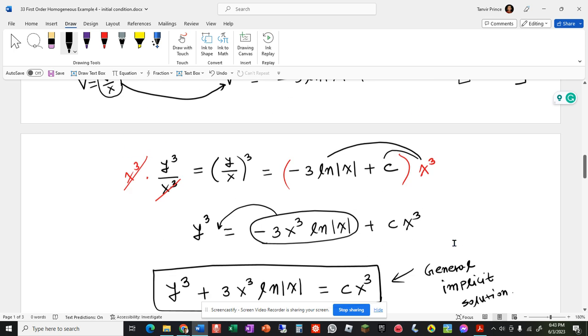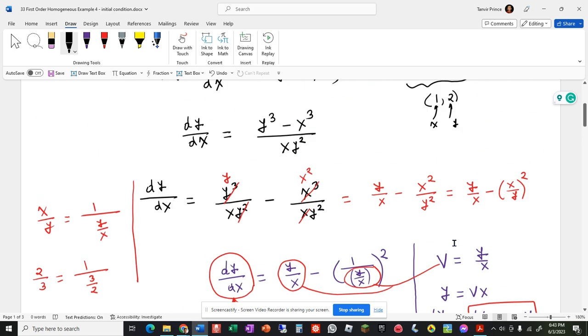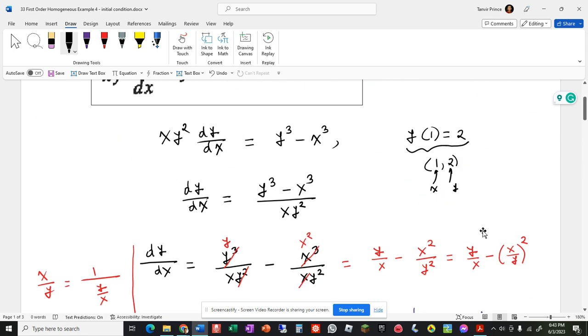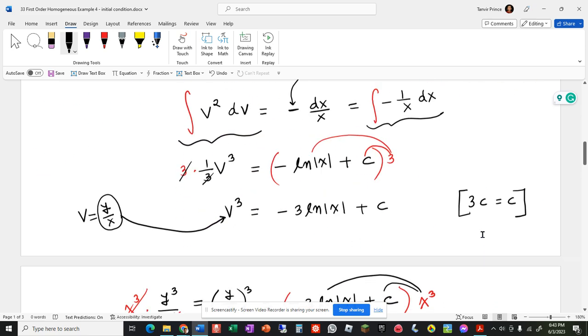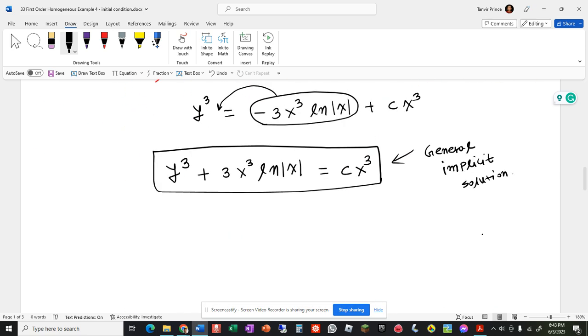Let's use the initial condition. So my initial condition is y of 1 equal to 2. So let's do that. y of 1 equal to 2. So I have to substitute x equal to 1 and y equal to 2. Let's do that. So in place of y, I substitute 2.